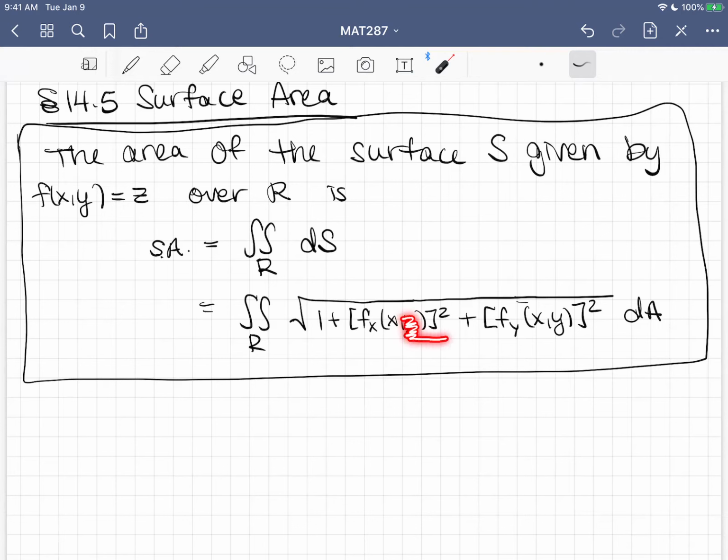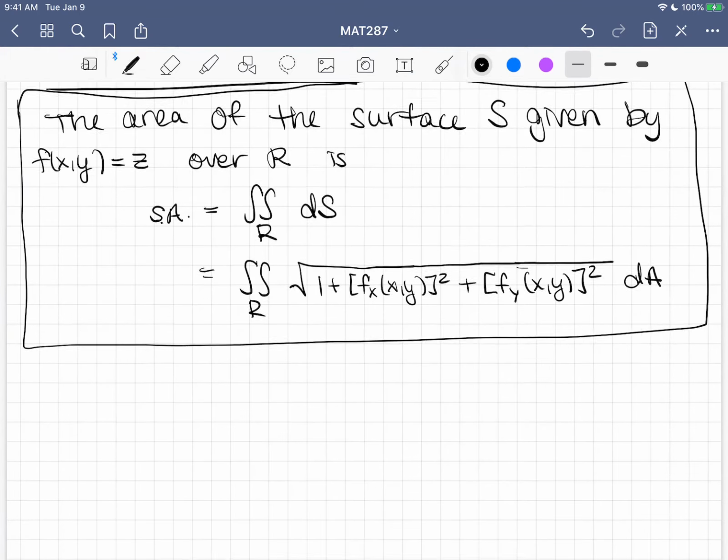And so we just had this first term, right? So we had the derivative squared inside this square root. Okay, so this should look really similar to what we did with arc length, except now we've taken it a dimension up. That's what we've been doing all semester with Calc 3. We're moving into multiple dimensions.